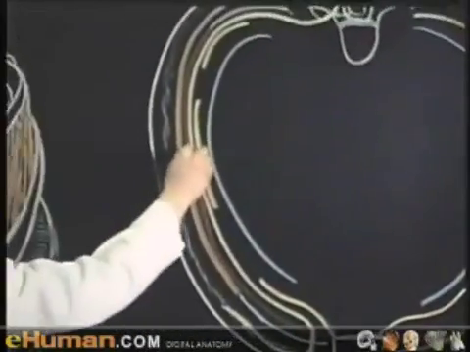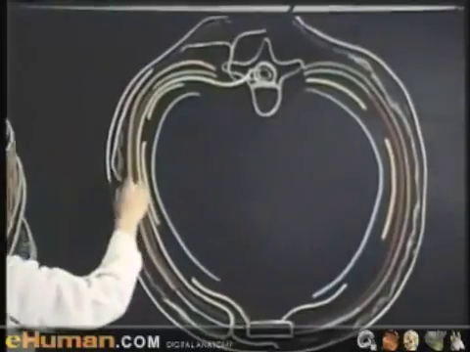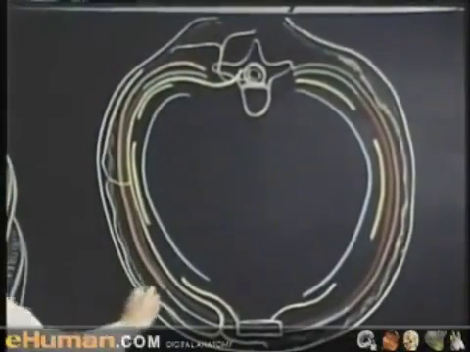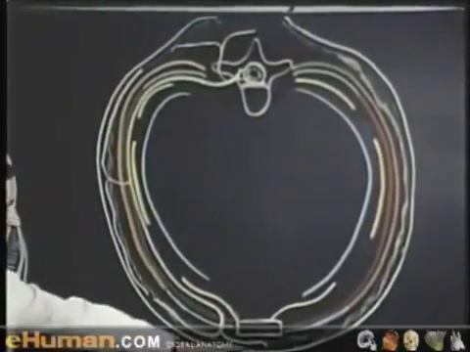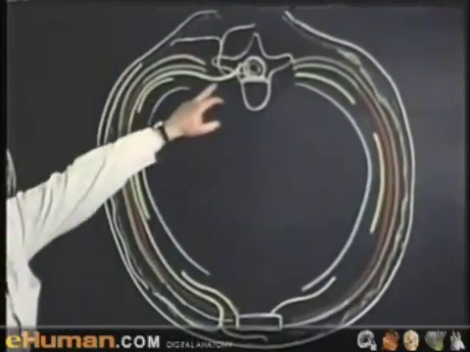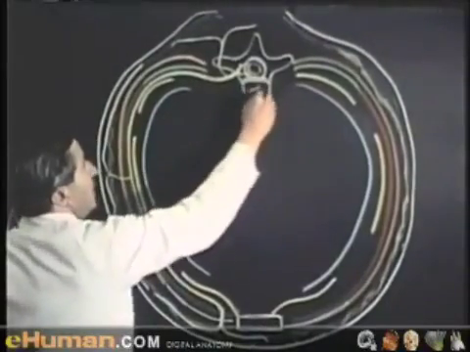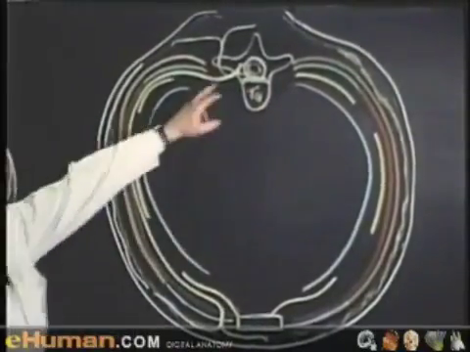About halfway round, the intercostal nerve gives off a lateral cutaneous branch, which splits in this manner, and so we see that the skin over the intercostal space is supplied by this spinal nerve. Let us say, for example, this is the fourth intercostal nerve.